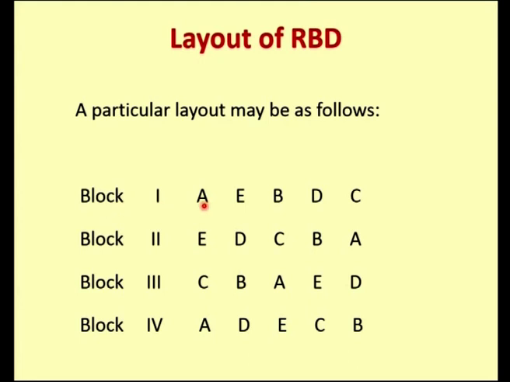Then the allocation will be: to the first plot we allocate treatment A, to the third plot treatment B, to the fifth plot treatment C, to the fourth plot treatment D, and finally to the second plot treatment E. For the other blocks, a fresh randomization is used for the allocation of treatments.